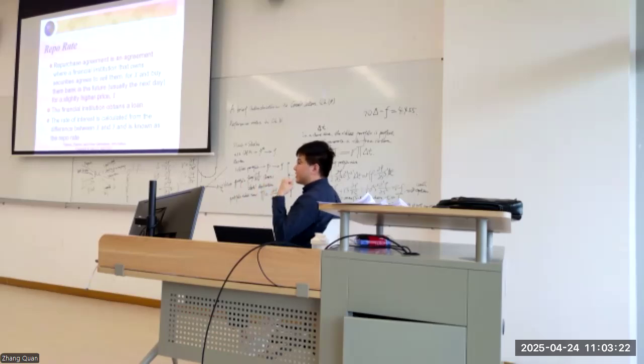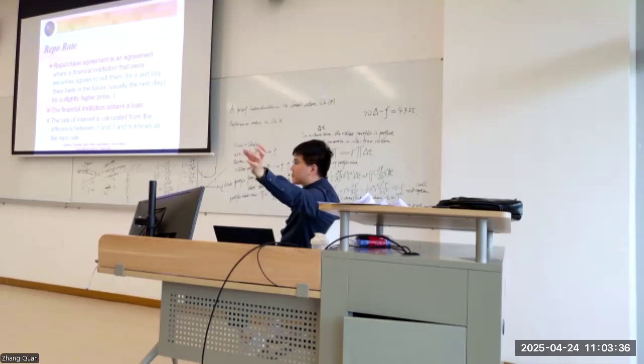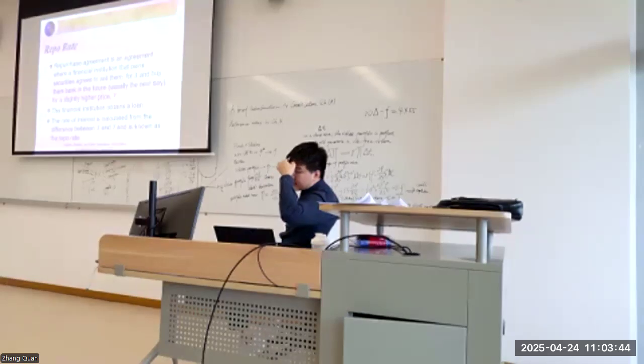I got the liquidity. This is important. Compared to just holding a single security, I got 1,000 US dollars of liquidity that I can use within this week. And the borrower, the one temporarily holding my treasury bonds, gets the interest.